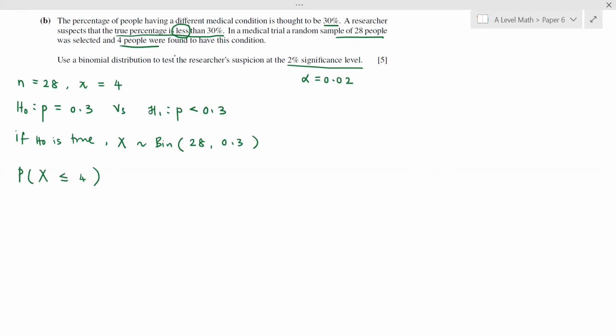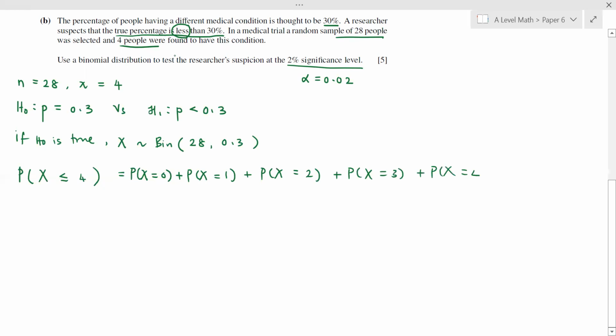So we want to see whether 4 is a rare event or not out of 28. We want to find the probability that X is less than or equal to 4. Then this will give us the probability X equals 0 plus the probability X equals 1, and so on up to the probability X equals 4.